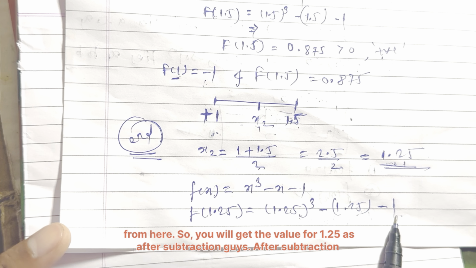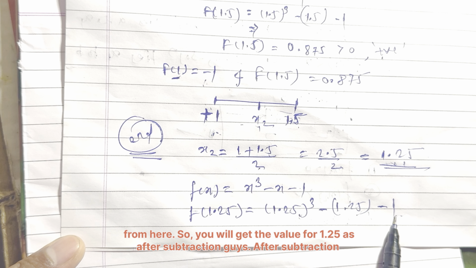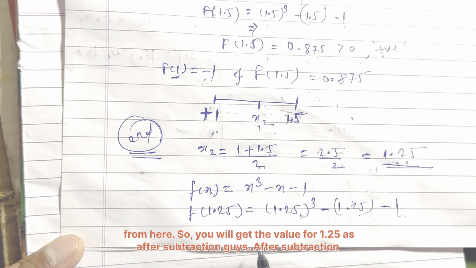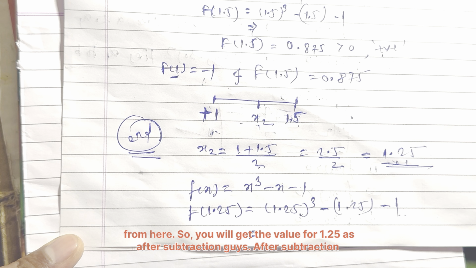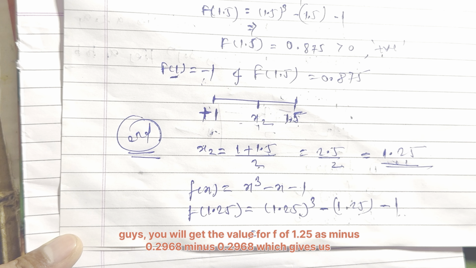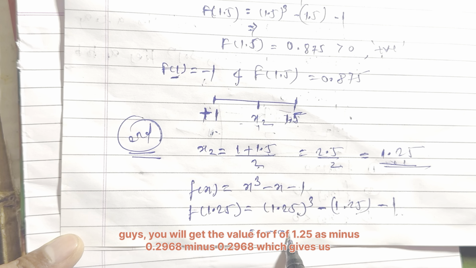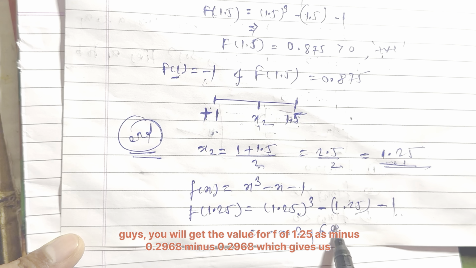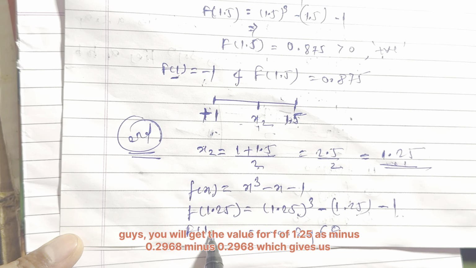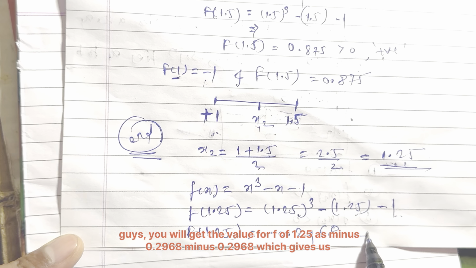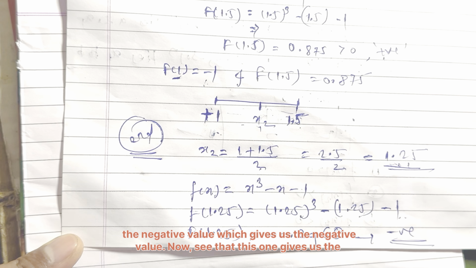After subtraction you will get the value for f of 1.25 as minus 0.2968, which gives us a negative value.